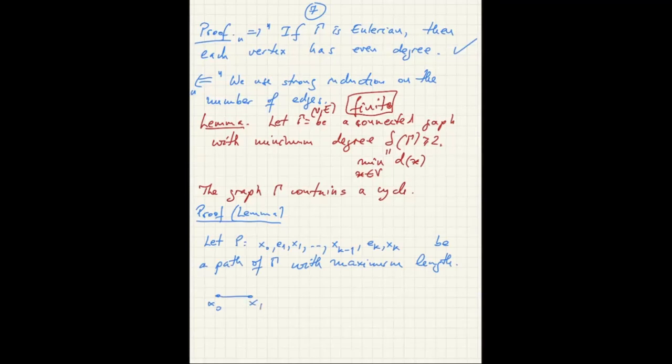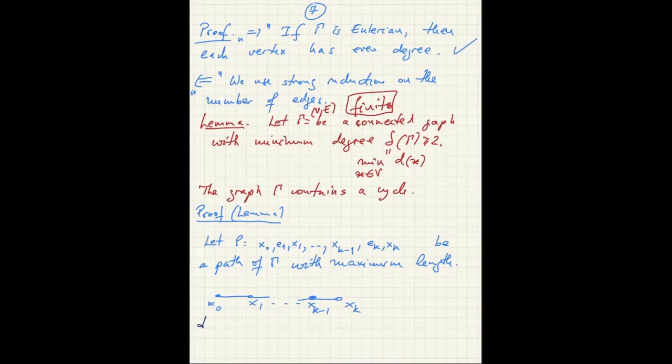So among all these paths, the lengths are non-negative integers. A path with a single vertex has length 0, but one of them has the largest length. There could be several, but pick one. Now we look at the vertex at the end of this path.